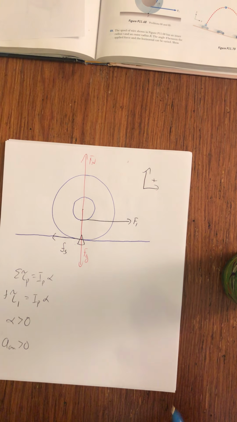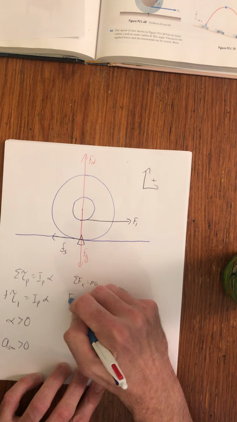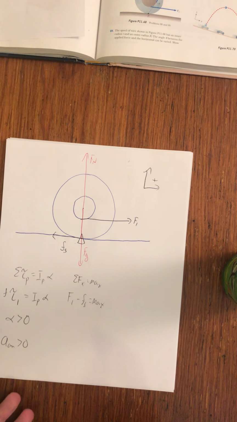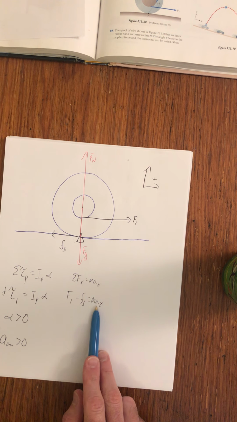Sum of forces in the x direction is equal to max. F1 minus Fs is equal to max. So that also lets us know that Fs is probably going to be less than F1 in order to have ax be a positive number.